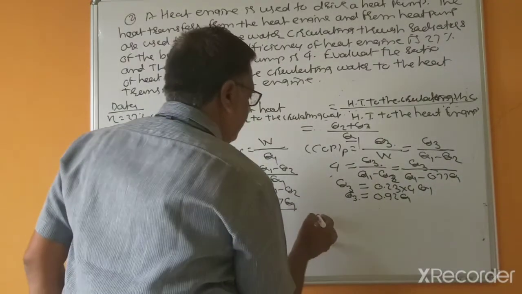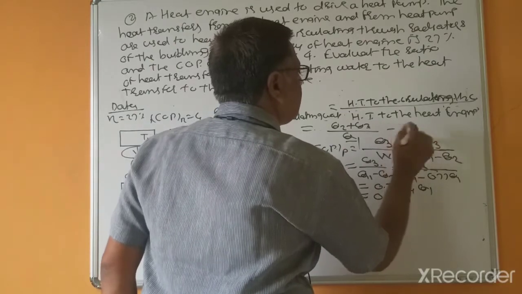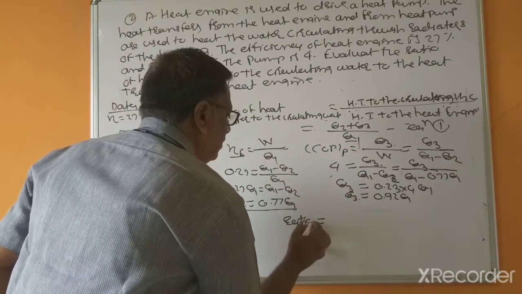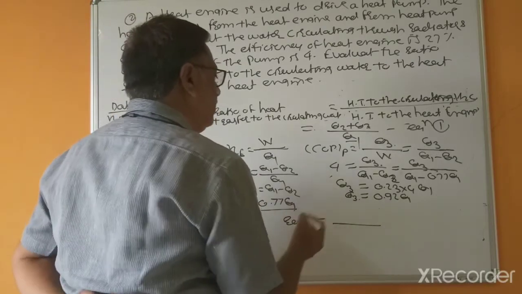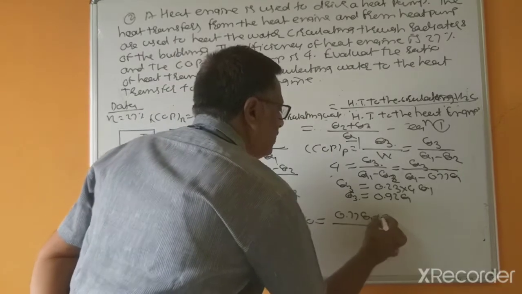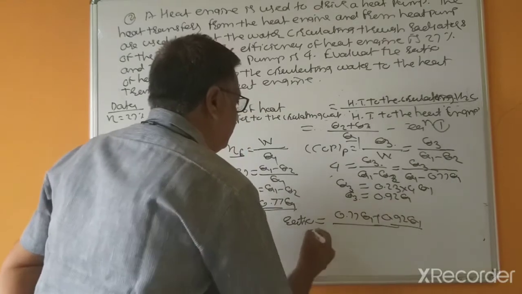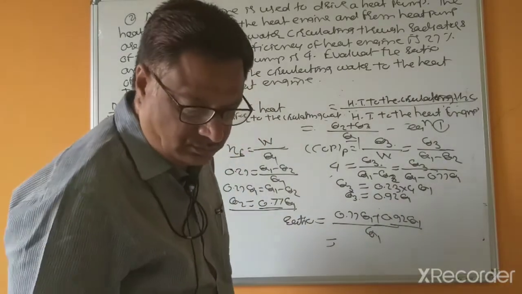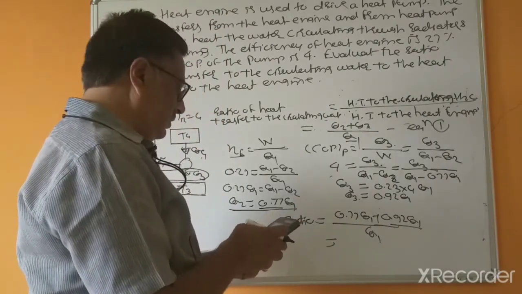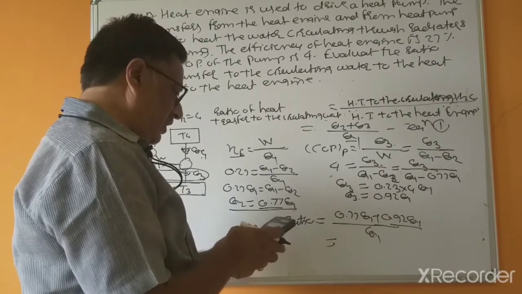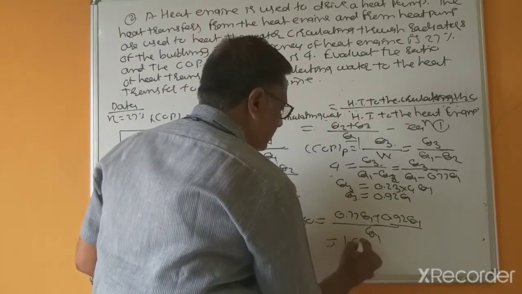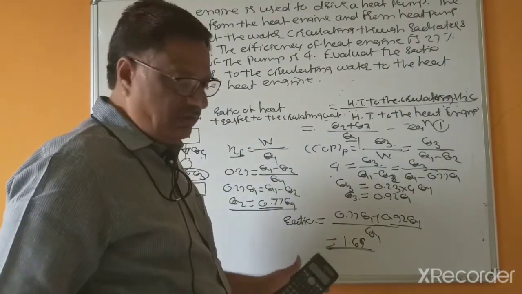Now by putting this into the formula, the ratio equals, putting Q2 equal to 0.77 Q1 plus 0.92 Q1, divided by Q1, so 0.77 plus 0.92 is 1.69, and this ratio is to be evaluated.